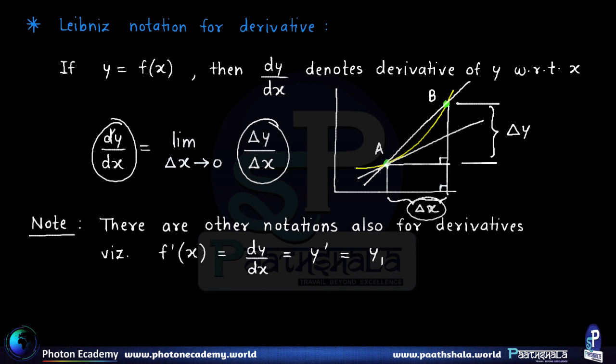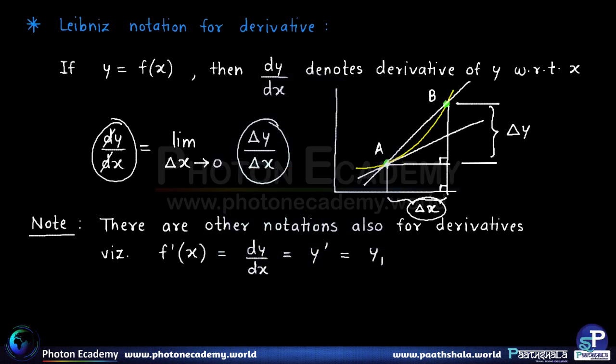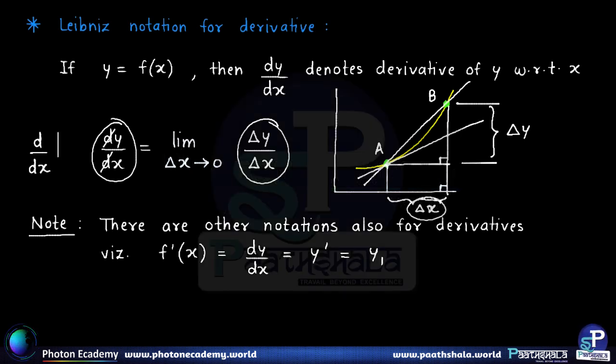Now just one more point to make clear: in dy by dx, obviously we cannot say that d is to be cancelled, because d is not a variable in itself. The dy by dx actually means the derivative of y with respect to x. So dy by dx stands for d by dx, which is called the differential operator, and that operator operates on the variable y, so it is d by dx of y.